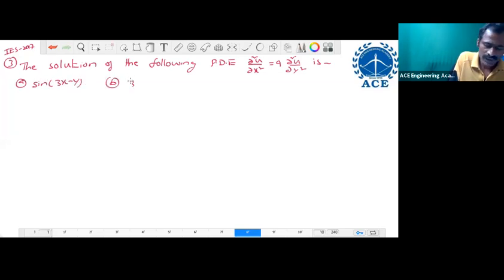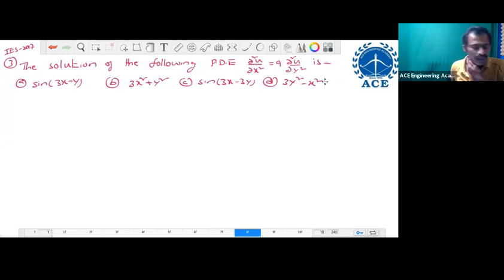Option B, 3x² + y². Option C, sin(3x − 3y). Option D, 3y² − x². According to our question paper pattern, we have only single correct answer questions, not more than one correct answer.